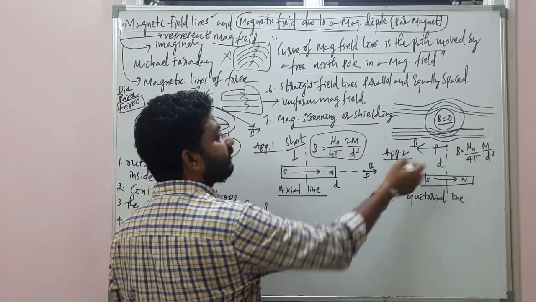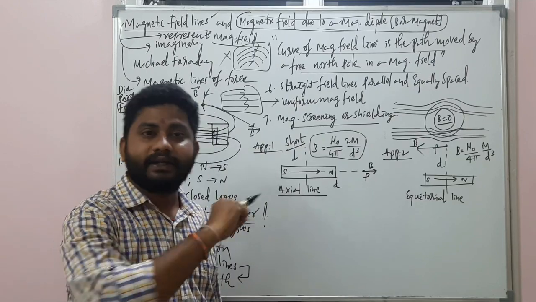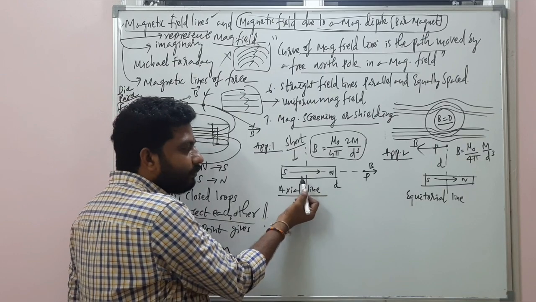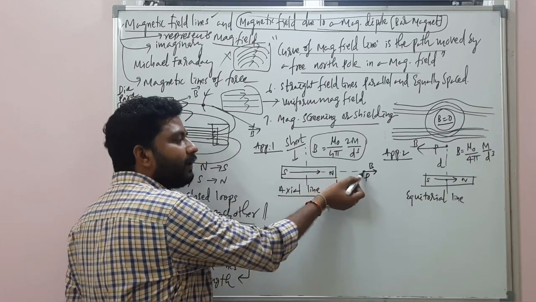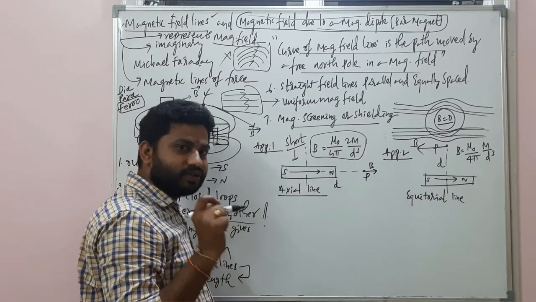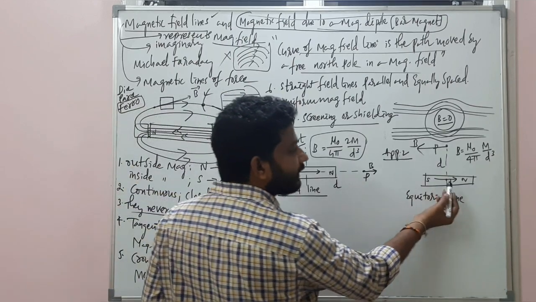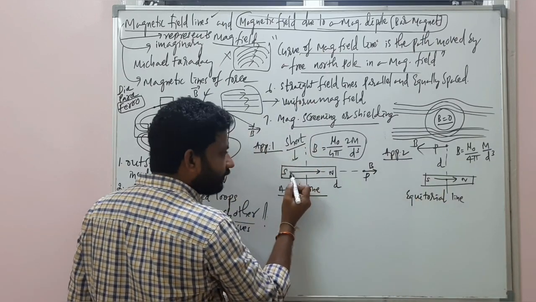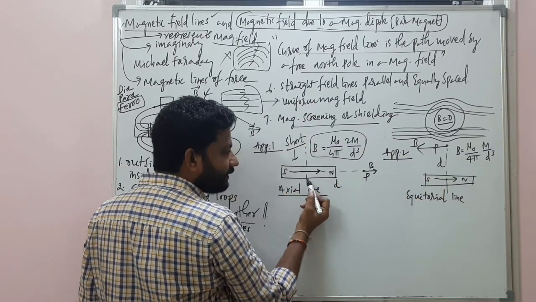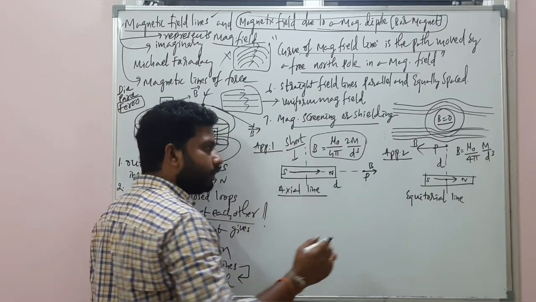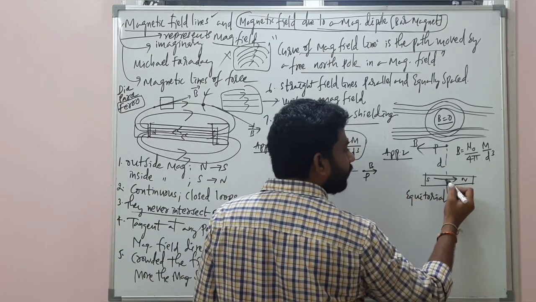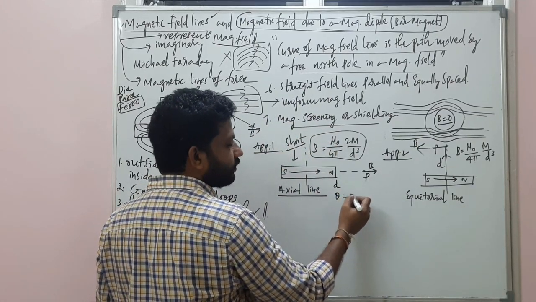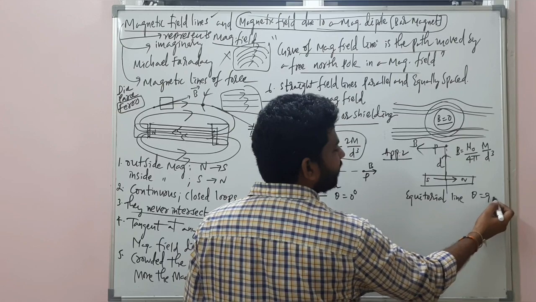Understand? We also have to mention the directions, as magnetic field is a vector quantity. Here, the angle between the dipole moment and the d bar is 0 degrees. Here, the angle between the dipole moment and the d bar is 90 degrees. So here theta is 0 degrees and here theta is 90 degrees.